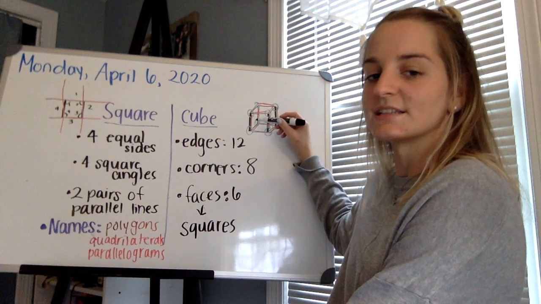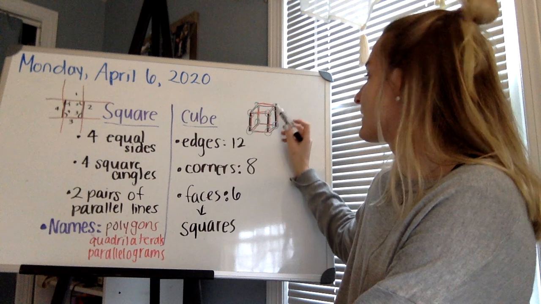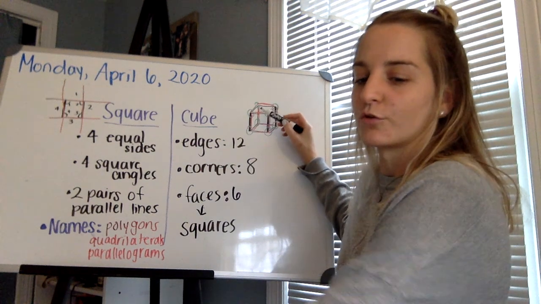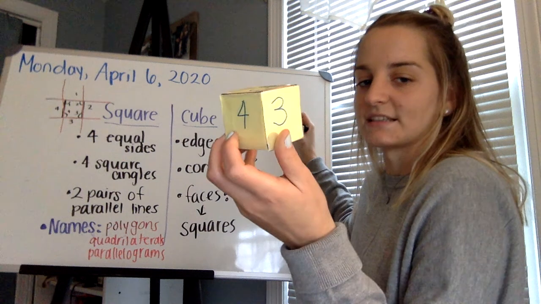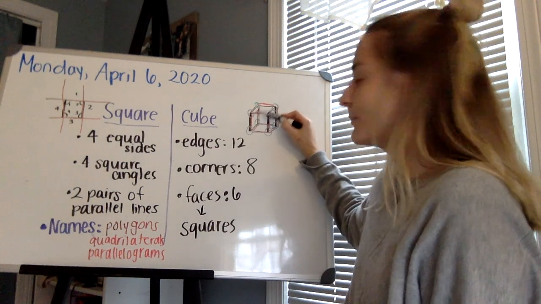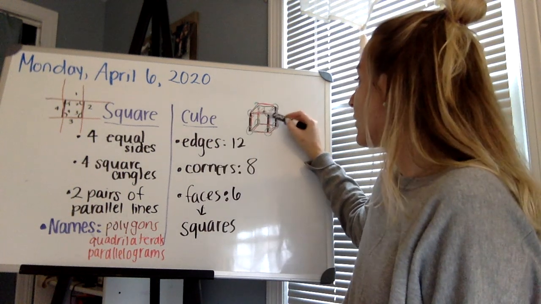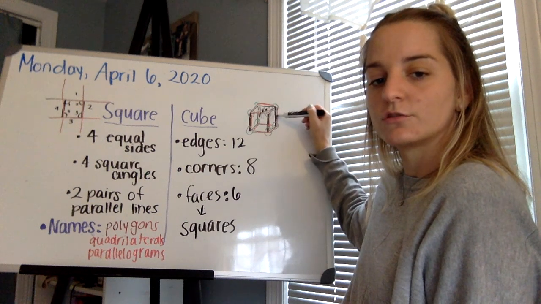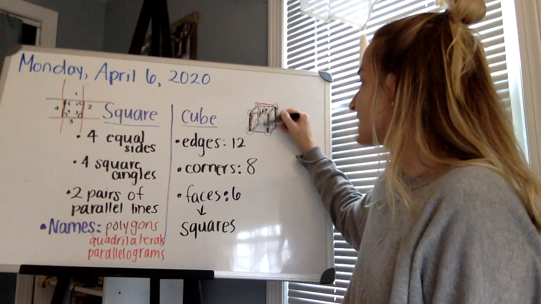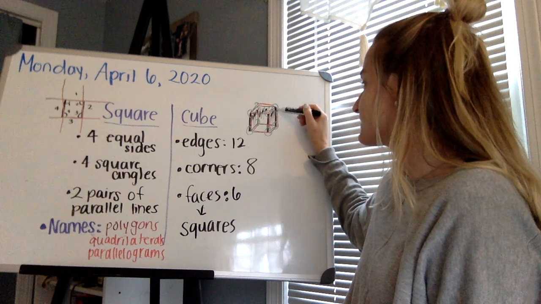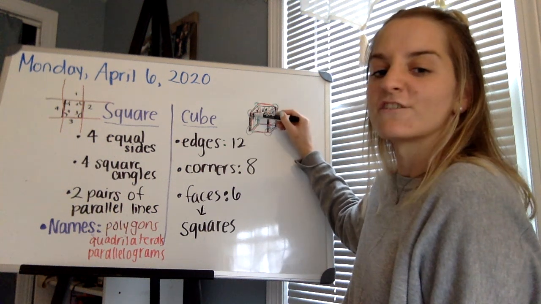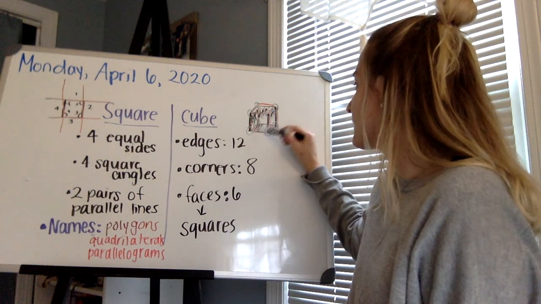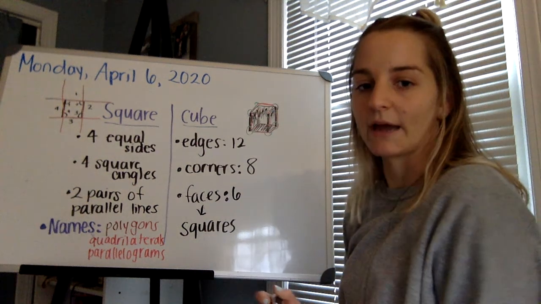Now it's really hard to tell on this diagram, so I'm gonna try to go over it, but it's okay if you don't really understand. Try to picture the faces on this cube, okay? So the top right here would be one face, the back, 2 faces, this side is 3, this side is 4, the front is 5, and then the bottom is 6, okay?